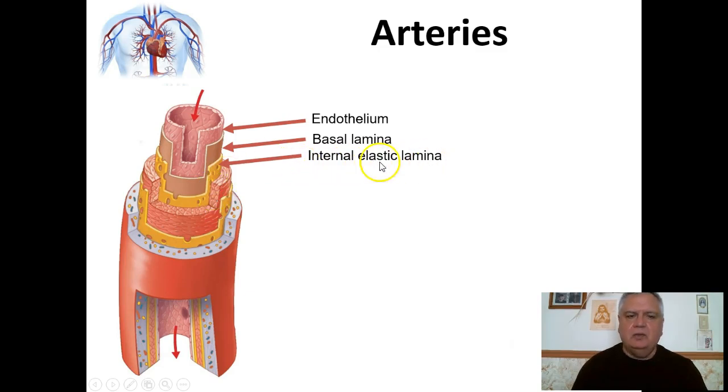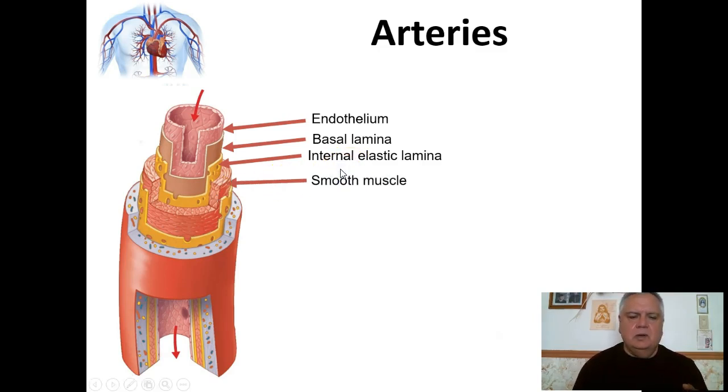The internal elastic lamina helps allow substances to diffuse from the internal area where the blood is moving, which is referred to as the lumen, out through the layers of the walls to provide the cells with the nutrients and water that they need.